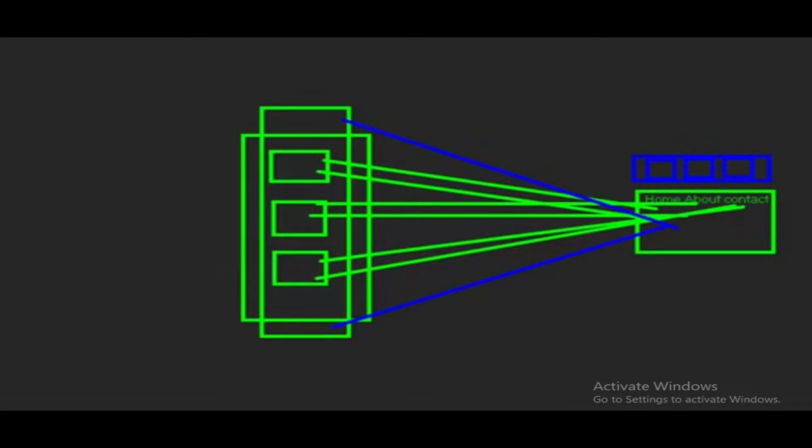When the user clicks on home, what is happening? That home page is coming from the browser. About us is coming from here, contact us is coming from here. Means next time onwards, no need to go to the server. Only the first time the request goes to the server and gets the response.